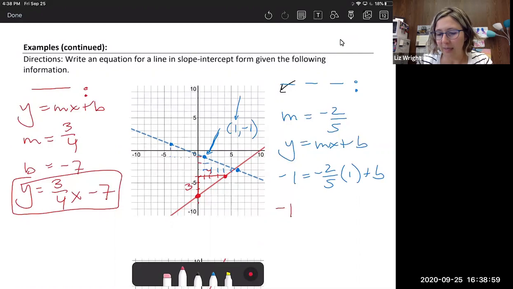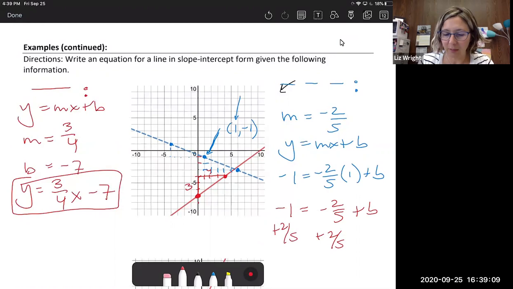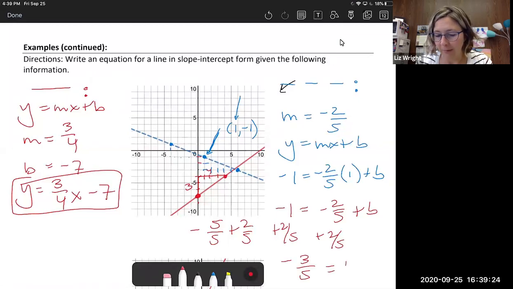So now we've got -1 equals -2/5 plus b. I'm going to add the 2/5 over. You can either get a common denominator and say this is going to be like -5/5 plus 2/5, which is going to give you -3/5. Or you can just say, what's -1 plus 2/5? And it's going to be -3/5 left over. It's going to give you your b.